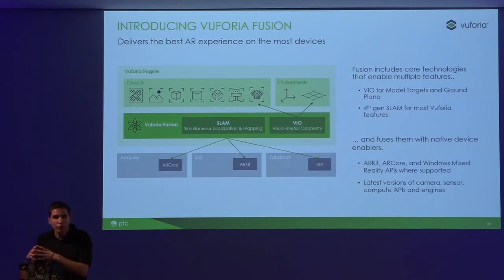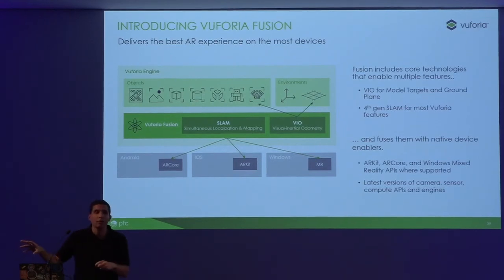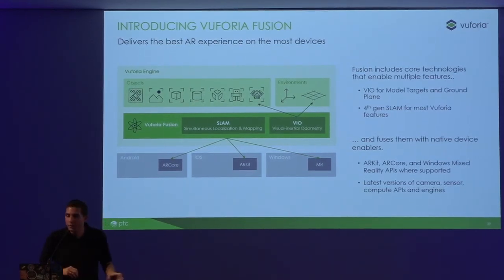The idea is that Vuforia really wants to take care of this for you. We want you to not have to worry about what device you're ultimately going to deploy to. You create your experience, and then Vuforia is going to figure out: does this have Tango? Does this have ARKit? Does this have ARCore? We'll do that hard work for you.